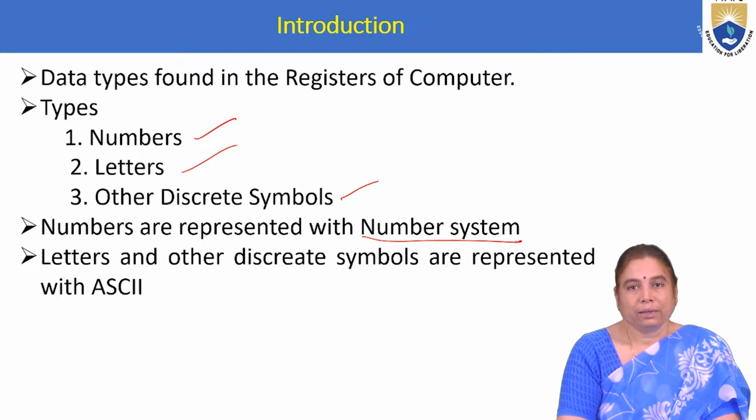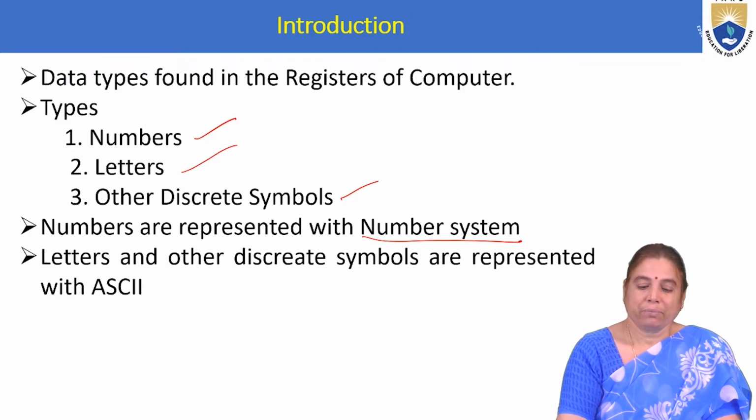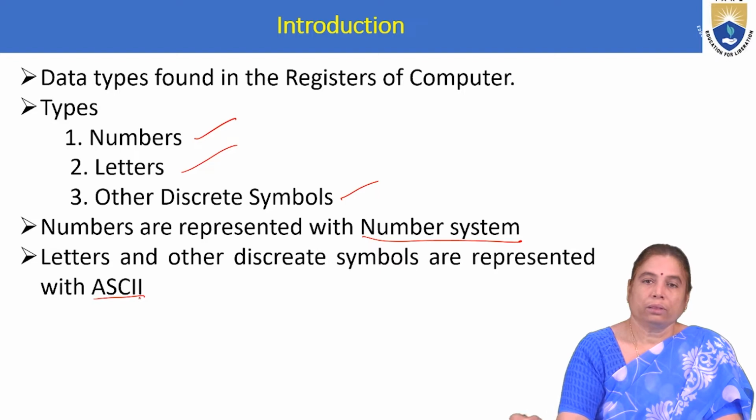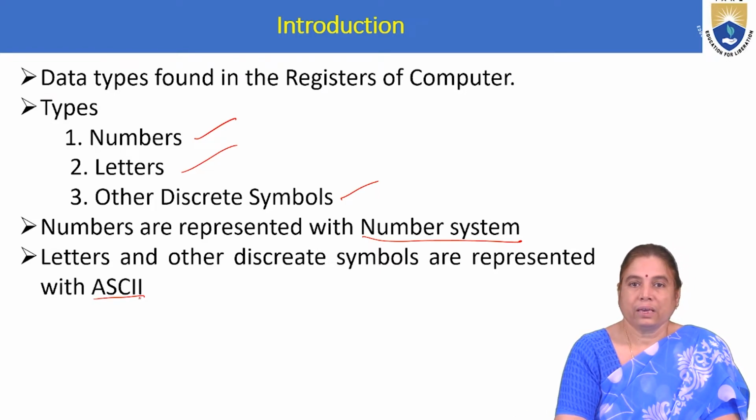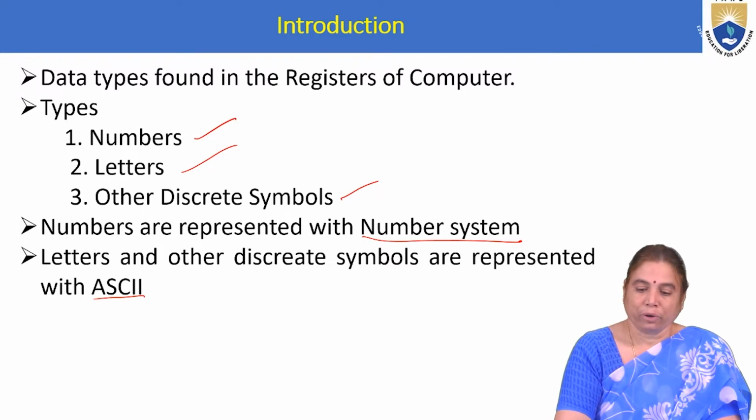The letters and other discrete symbols can be represented with a code. The code can be ASCII, American Standard Code for Information Interchange. By using this standard code, letters and discrete symbols can be represented in the registers of a computer.